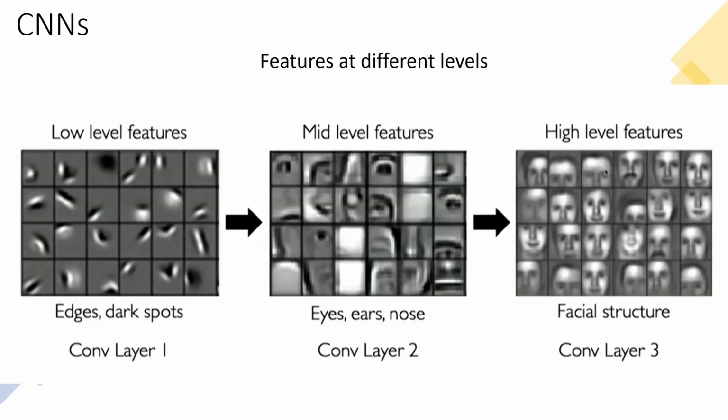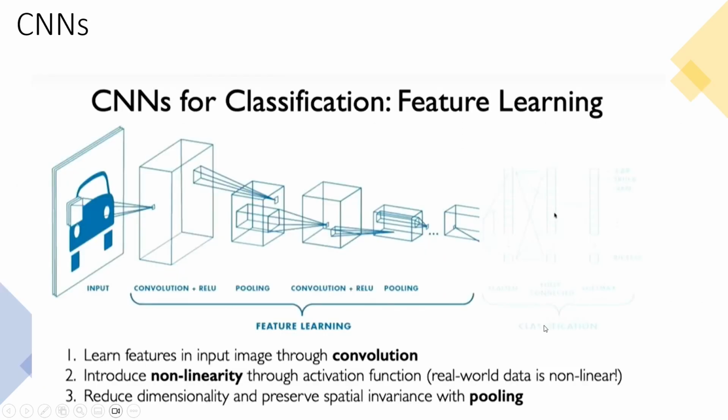Once we create a convolutional neural network, it's going to learn low-level features, and then it's going to combine these low-level features into mid-level features, and these mid-level features into higher level features. So this is what a convolutional neural network looks like. This is basically the input image. We have 3 layers here, right?